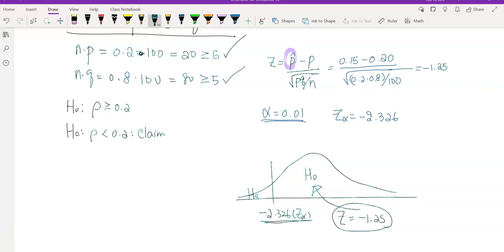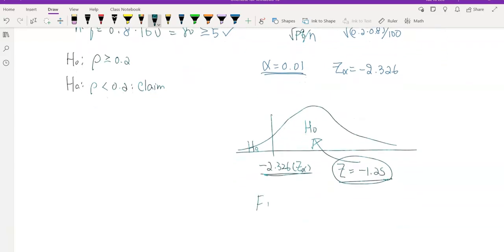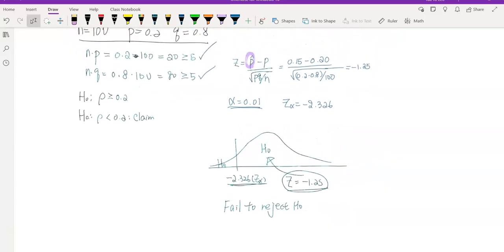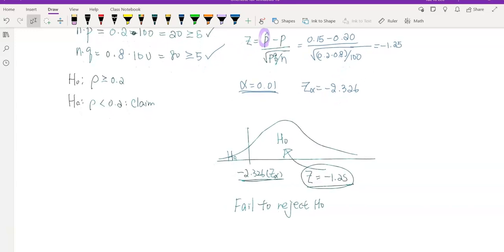Since z belongs to H0, we cannot reject H0. Based on that, we can say fail to reject H0. It means the claim is on HA and we fail to reject H0.